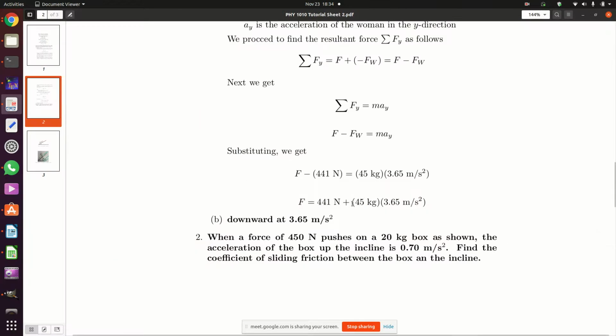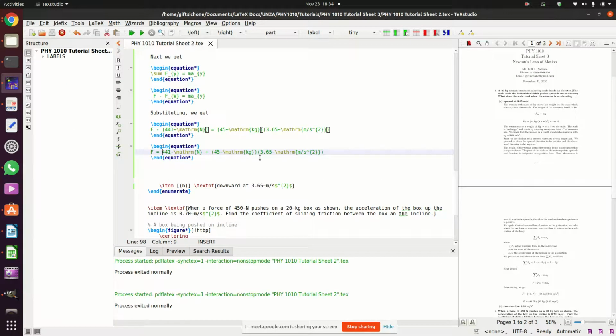How much is this end here? 45 times, how much is this? 3.65. 45 times 3.65 is 164.25.